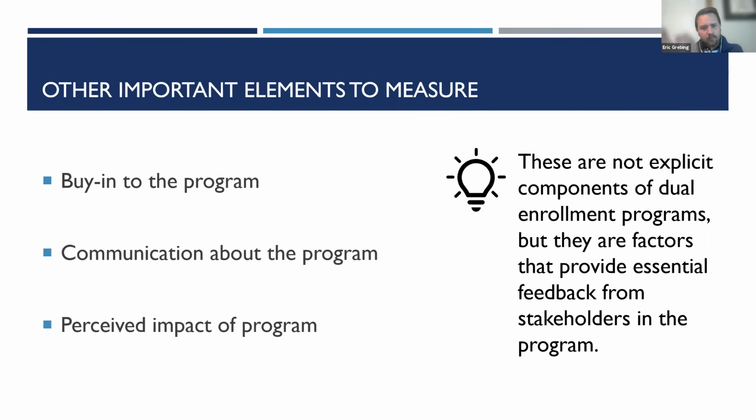And also to couple with the outcome data, sometimes those are a little bit laggy. And we have to wait 2 or 3 years sometimes for the data to catch up with what's actually occurred. And so asking stakeholders about their perceived impacts of the program, both from staff and from students, are really important viewpoints there that help us to understand what's happening in the schools before those outcome measures are necessarily available.